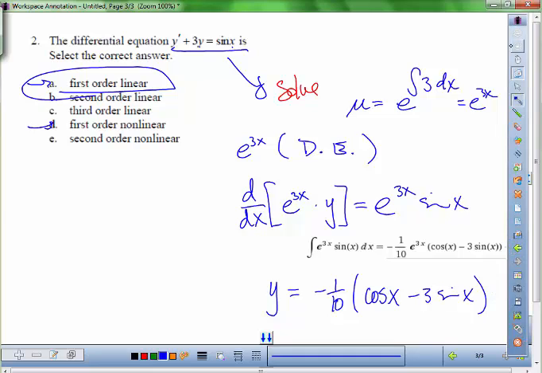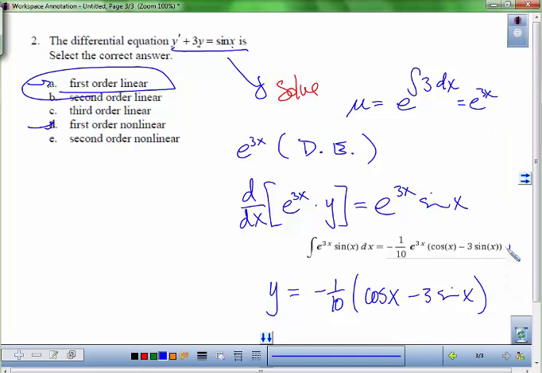Oh, it's right here. So this is a general solution.